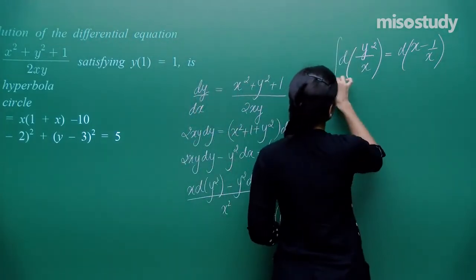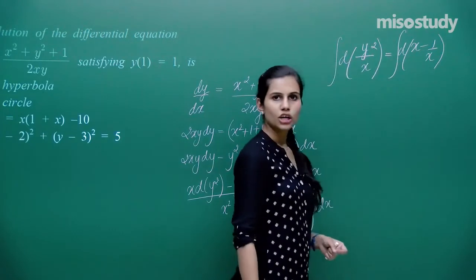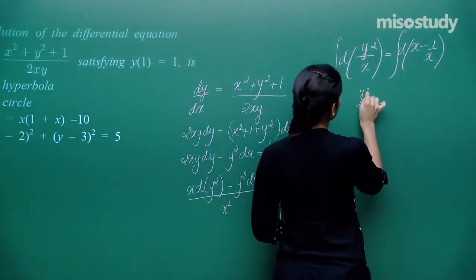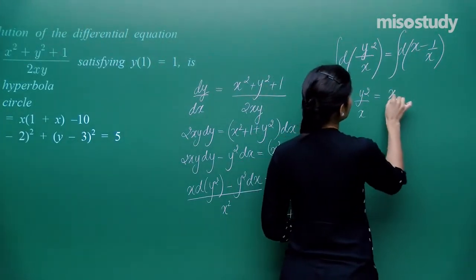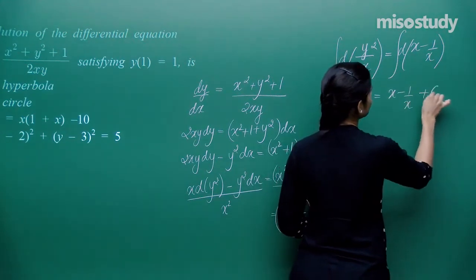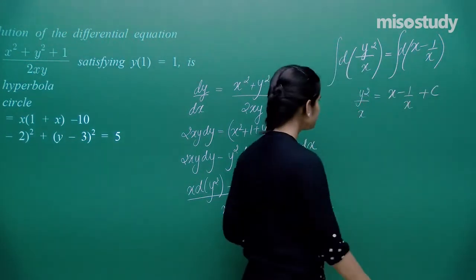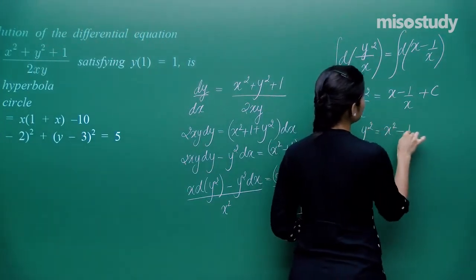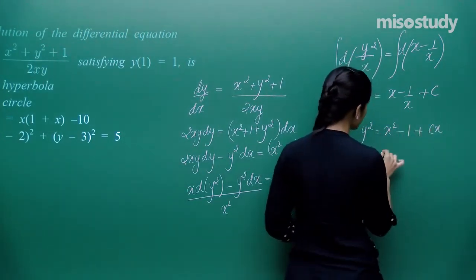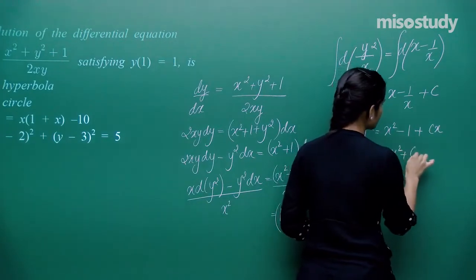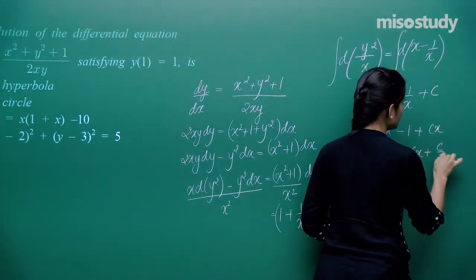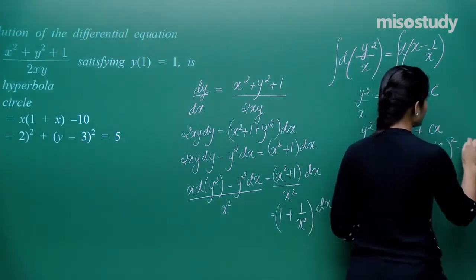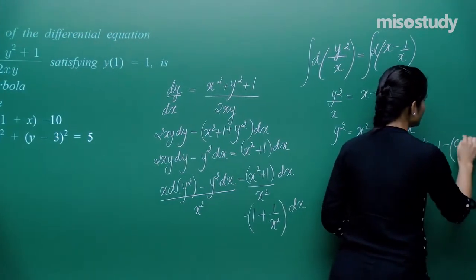Again, when you integrate both sides, you obviously get y square by x equals x minus 1 by x plus the constant of integration. And over here you get y square equals x square minus 1 plus cx, which you can write as x square plus cx plus c by 2 whole square minus 1 minus c by 2 whole square.